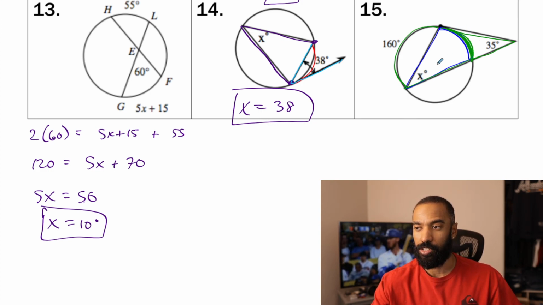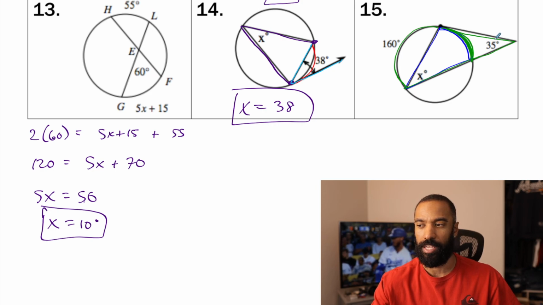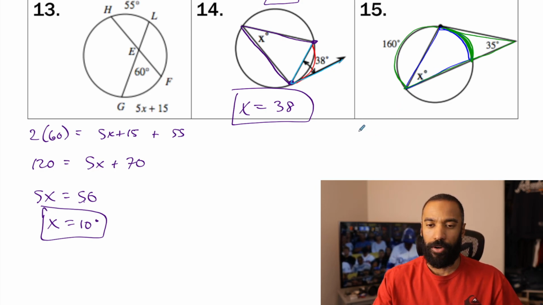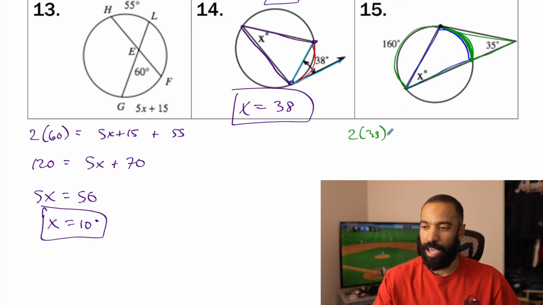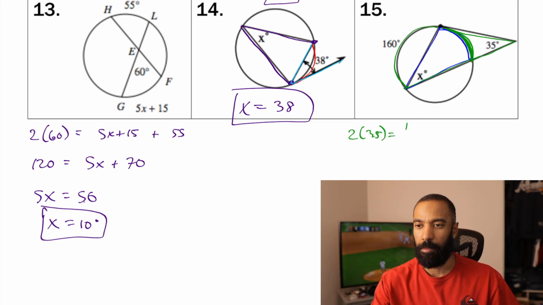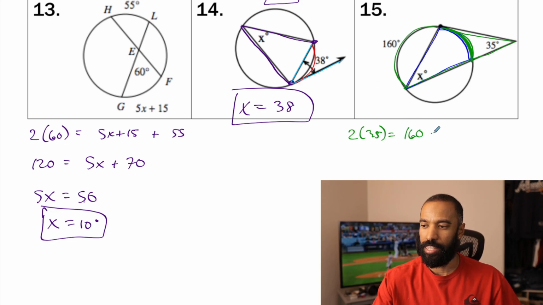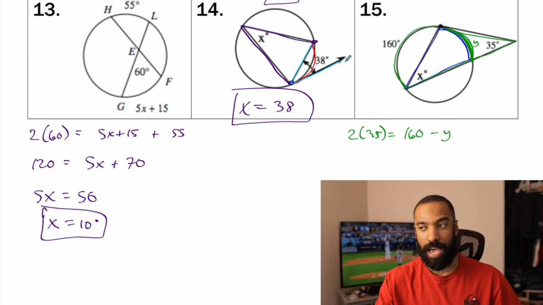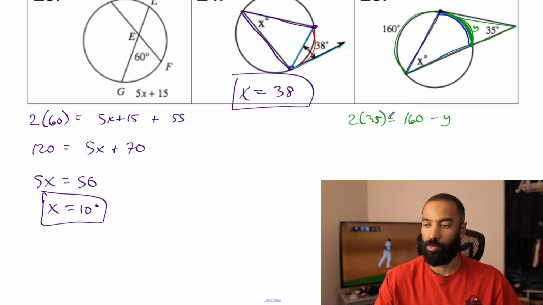That intercepted arc is the same one I need for x. So let's operate in green first. If I double 35, I will get the difference of 160 and this unknown one, I'll call this y. Now x is half that of y.